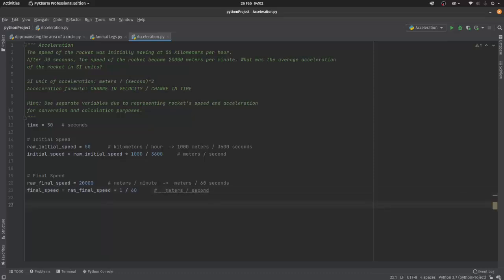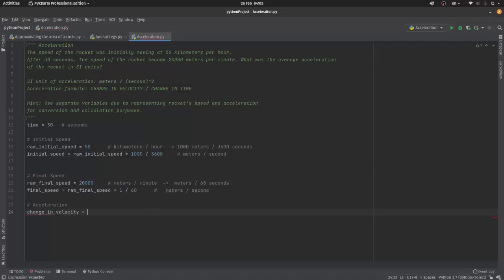And the last step left is the acceleration. We just found the initial speed and the final speed, because we need to find the change in velocity. Now it's time to find acceleration. We know the time is 30 seconds, so we just need the change in velocity.